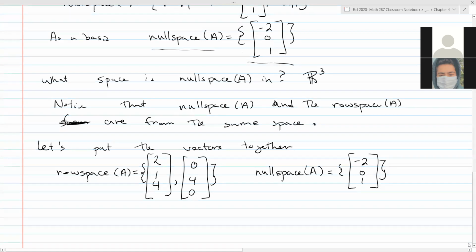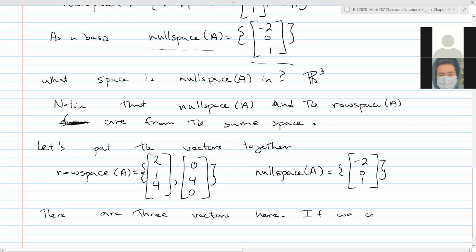Those two, notice they're in the same space. Now notice also that there are 3 vectors here.